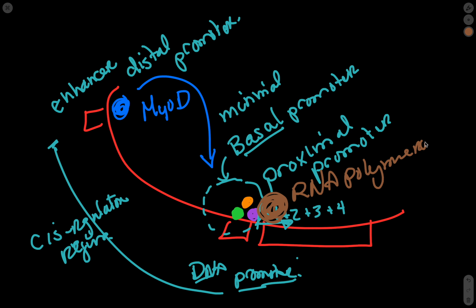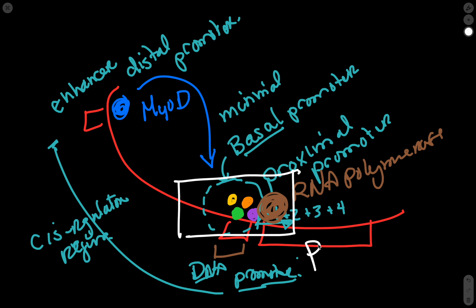This promoter, and I'm usually just going to call it the promoter, has to assemble these proteins, and all together, this set of proteins and the RNA polymerase are referred to as the pre-initiation complex.